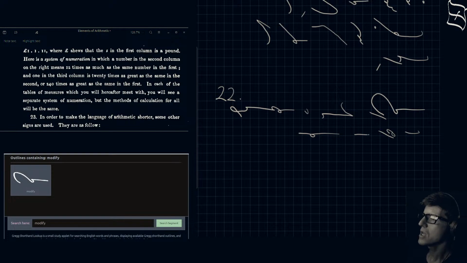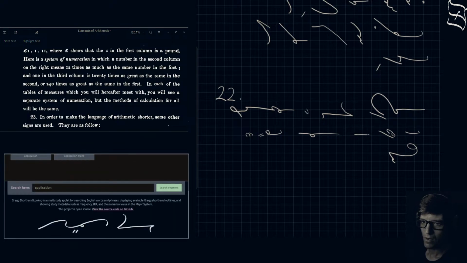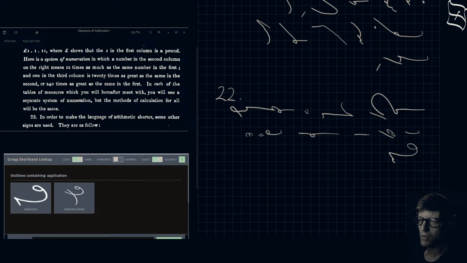Real is hyphenated, real-world applications. And this is going to be applications, I believe. So let's go ahead and check that out. Scroll down a little. Yes, that is applications.